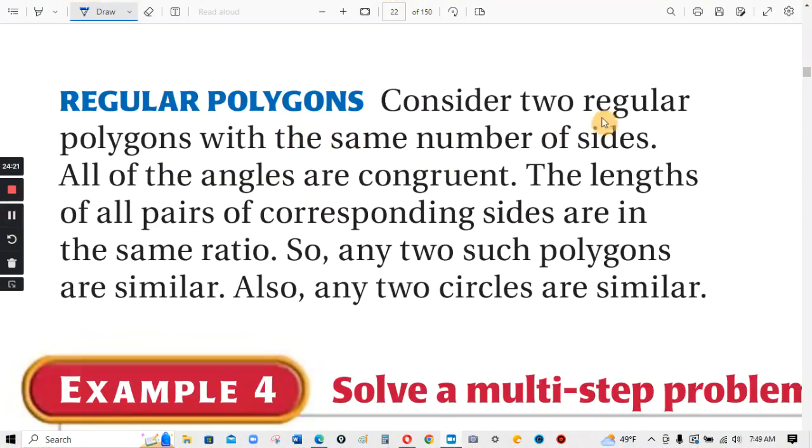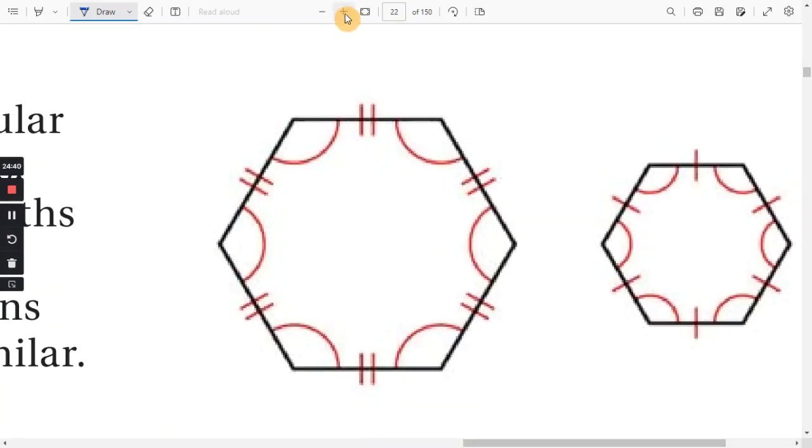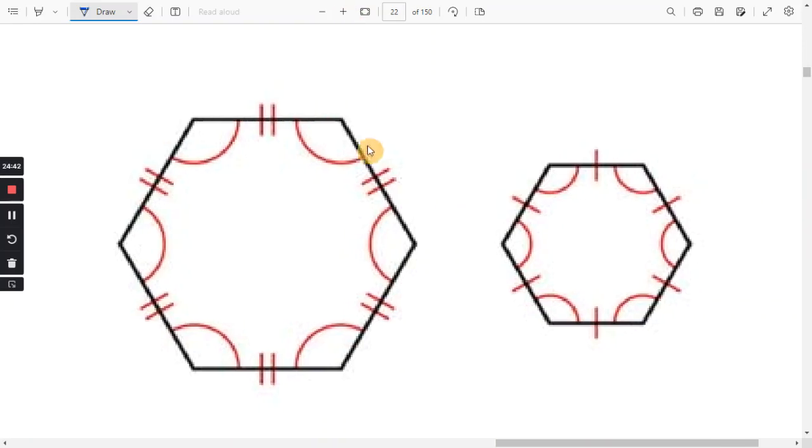Consider two regular polygons with the same number of sides. All the angles are congruent. The lengths of all pairs of corresponding sides are in the same ratio, so any two such polygons are similar. Also, any two circles are similar. So if you have regular polygons, if you recall, all the angles are congruent and all the sides are congruent.